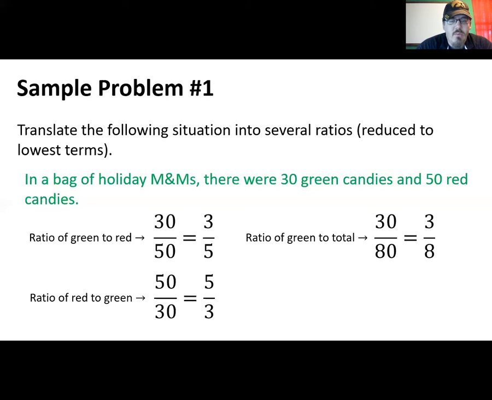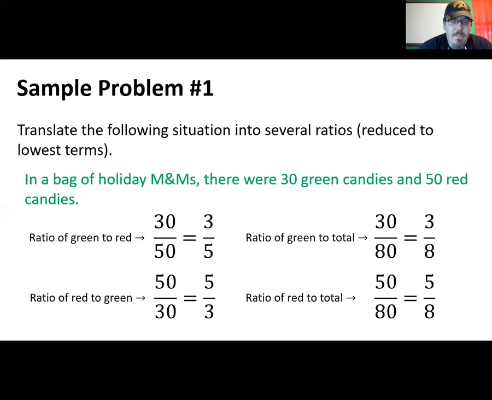And so the ratio of green to the total would be 30 to 80, or reduced down, 3 to 8 or 3/8. So 3/8 of the bag is made up of green candies. There's another ratio I could potentially write in this situation, depending on what I might need to do if I'm solving a problem. And then another ratio would be if I want to compare the red to the total amount. So this time, the ratio is 50 to the 80 total candy, so 5/8 or 5 to 8 when all is said and done.